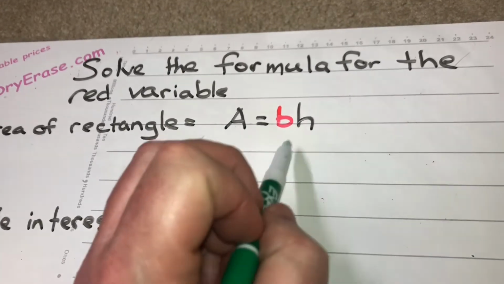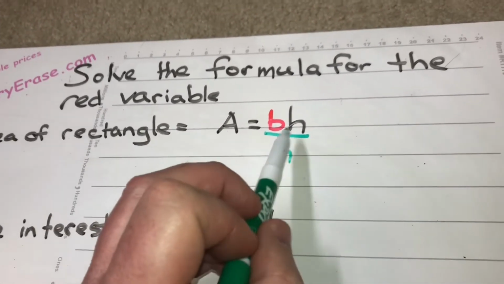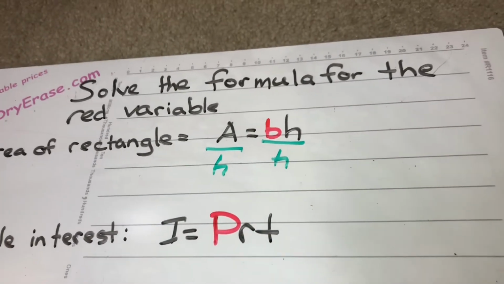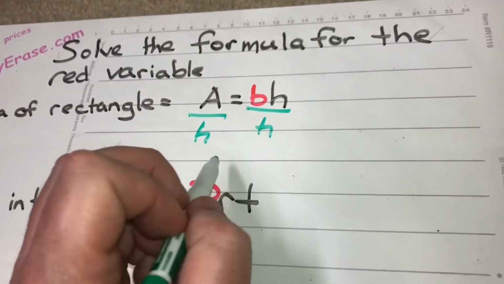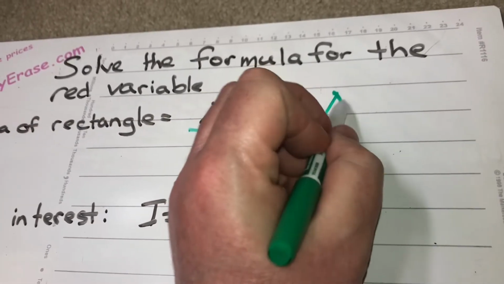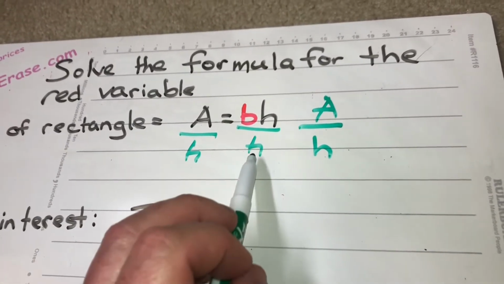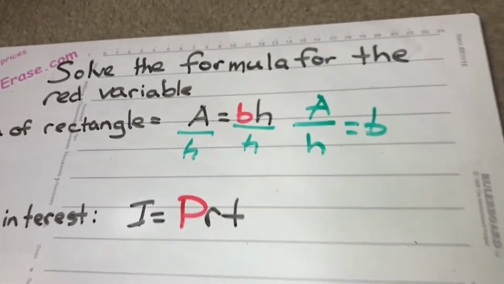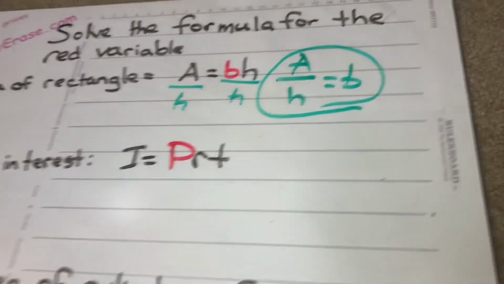So to get B by itself, I have to divide everything by H. Now remember, if I divide this side by H, I need to divide that side by H, which means if I clear this out, that's just going to give me A over H. And this here, the H divided by H is just going to be 1. That's just going to leave me with B. And that is my final answer.